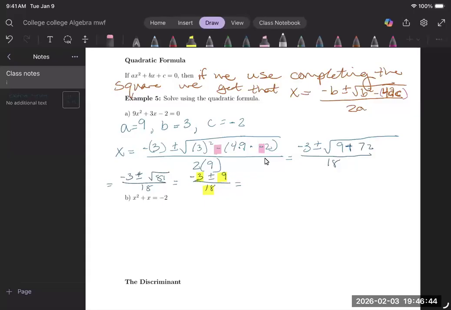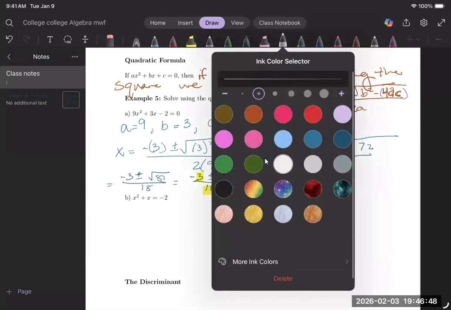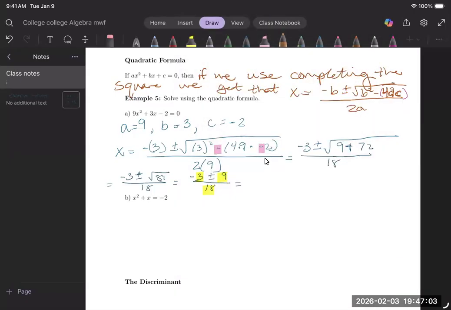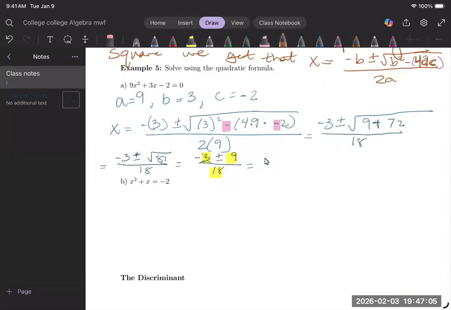So that's a 1, that's a 3, and that's a 6. Right? 3 goes into 3 once, 3 goes into 9 3 times, and 3 goes into 18 6 times.